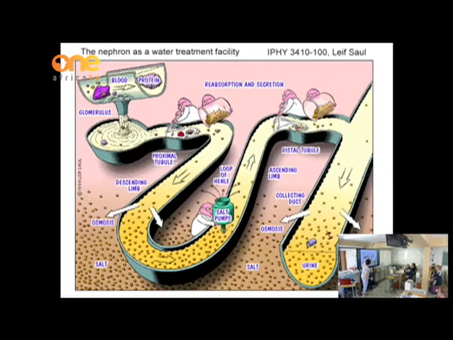Here we see the descending limb, osmosis is taking place. There we have the salt pump, pumping out to make this an environment where osmosis can take place. There we again have getting the good stuff, especially for pH regulation. Add some more waste, and there we have the collecting duct.